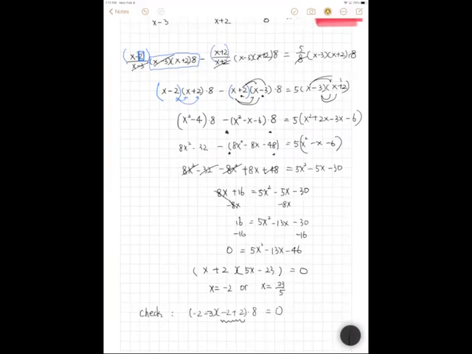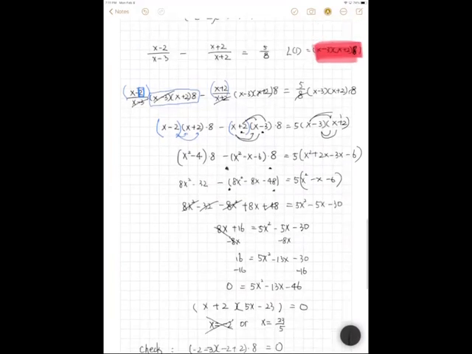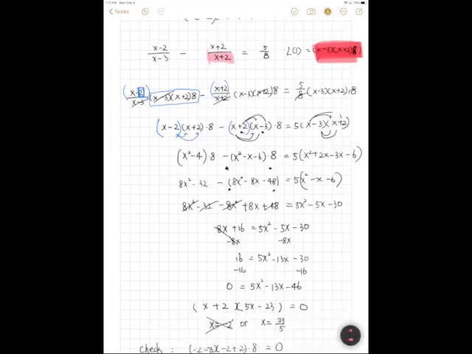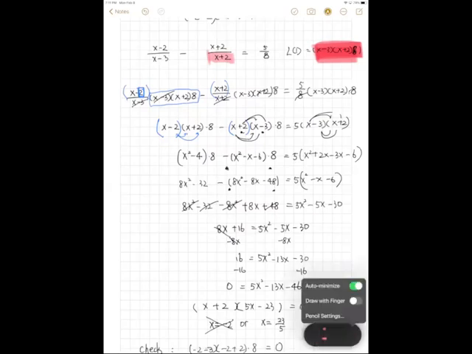So this is equal to 0. That means this cannot be our solution, because if negative 2 is the solution and I plug into here, we will have a denominator equal to 0. In a rational equation, you can't have a denominator equal to 0.